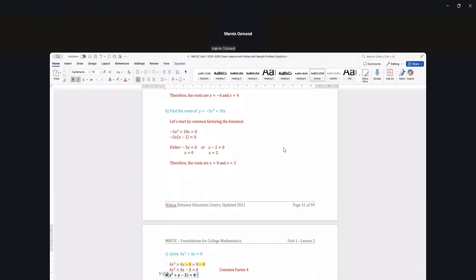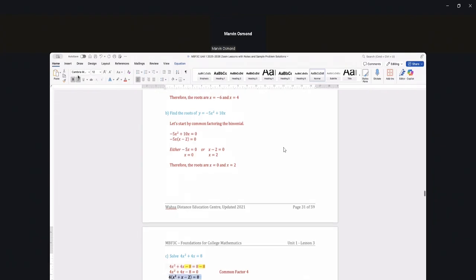Okay, so let's tidy up how it looks here. So we common factor the 4. Now we're going to factor the trinomial.